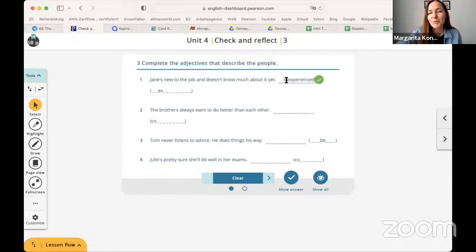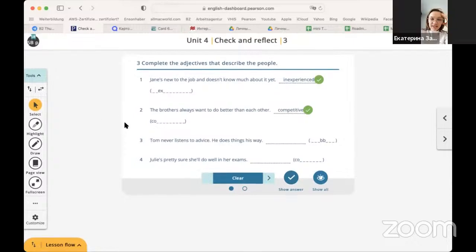So inexperienced. Okay, not bad. Right, try number 2. The brothers always want to do better than each other. Competitive. Very good. Lovely. All right. Tom never listens to advice. He does things his way. Stubborn. Very good.